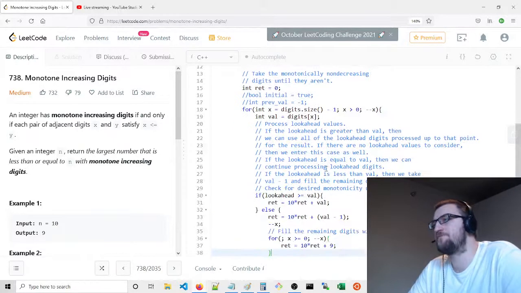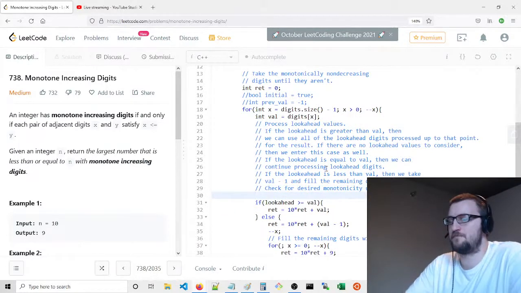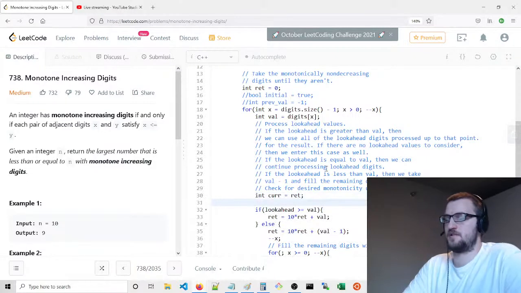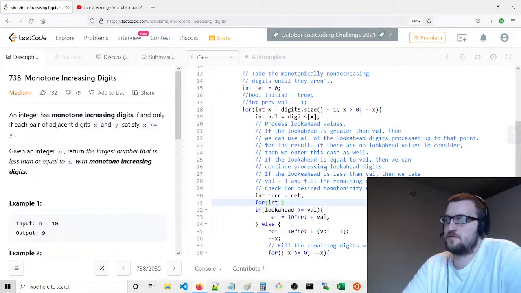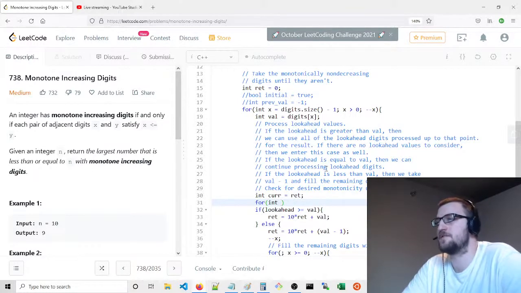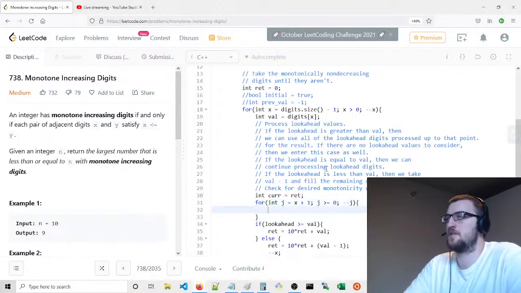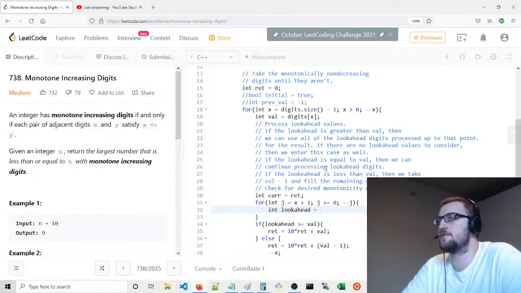Yeah, something like this. So we're going to say int current equals ret. We're going to say for int look ahead, which is going to be digits of, we could say int, I guess we'll call this some index j. We'll call it j equals x plus 1. J is greater than or equal to 0, and decrement j. Int look ahead equals digits of j.